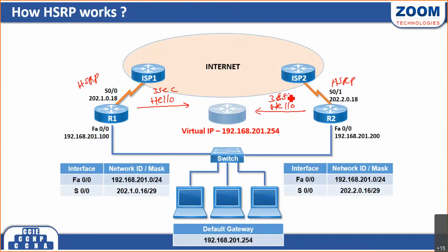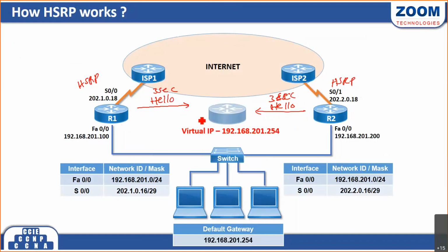So they exchange hellos every 3 seconds. Inside the hello, the virtual IP address, priority values, and MAC address information is there. So in the network, R1 and R2 exchange hello packets every 3 seconds. It's a keepalive mechanism.